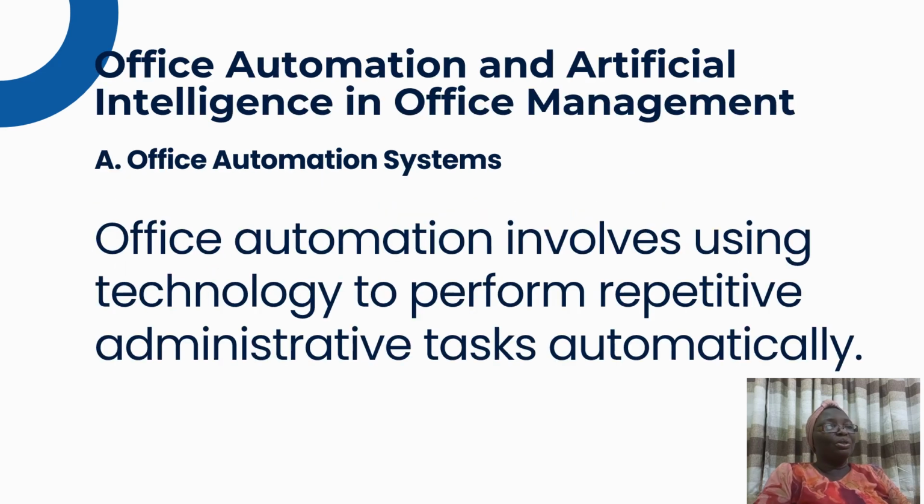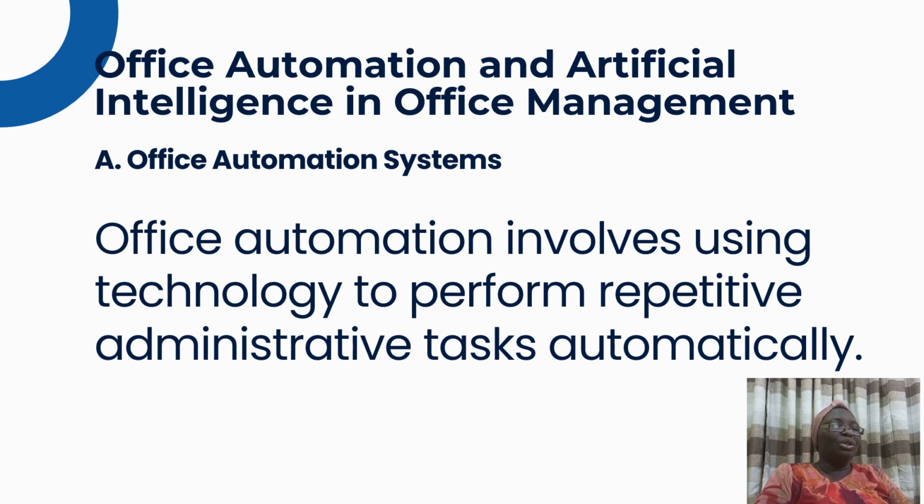Also, we have office automation and artificial intelligence in office management. Today, everybody is aware of AI. So how do we make use of it in the office? Office automation involves using technology to perform repetitive administrative tasks automatically.